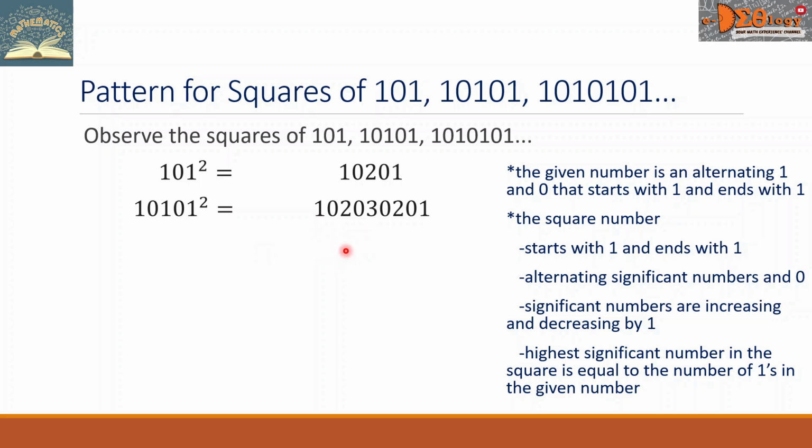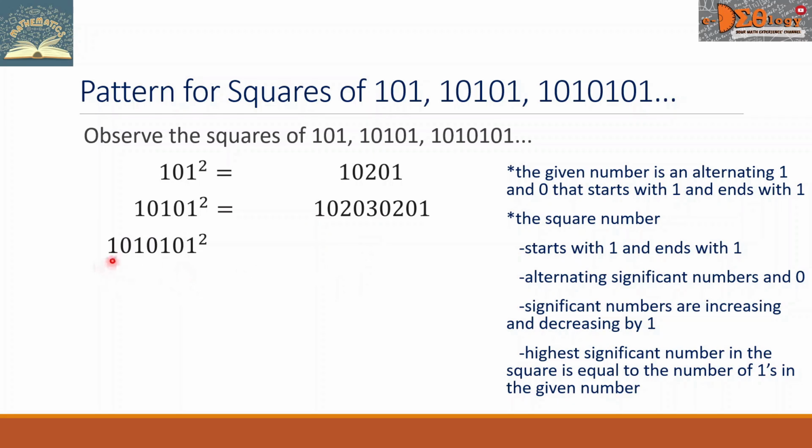The significant numbers are increasing and decreasing by 1. So we have here 1, 2, 3, then 2, then 1. The highest significant number here is 3 because in the given number, the number 1 appears 3 times.